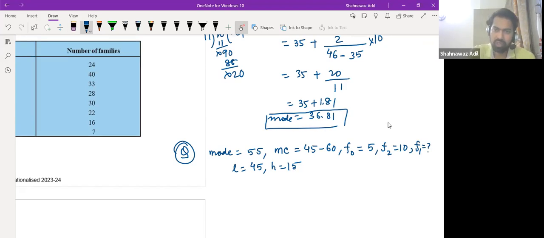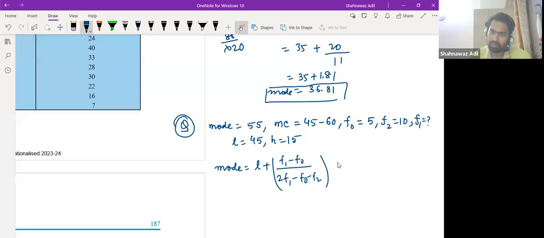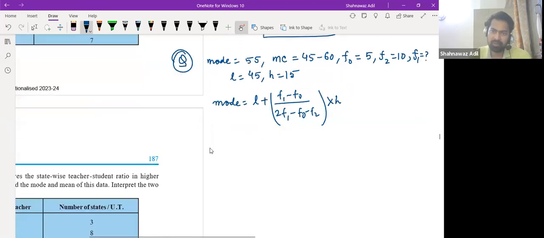Yes. So you see that we have a mode formula: L plus (F1 minus F0) over (2F1 minus F0 minus F2), into H. So we have 55, and L is 45, and then F1 we don't know.